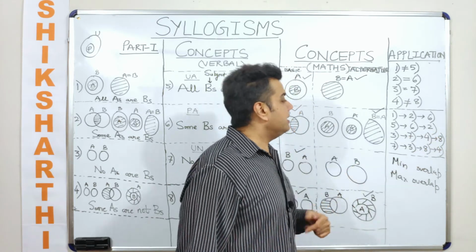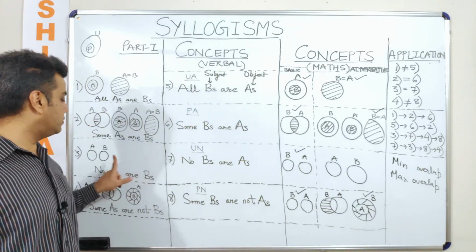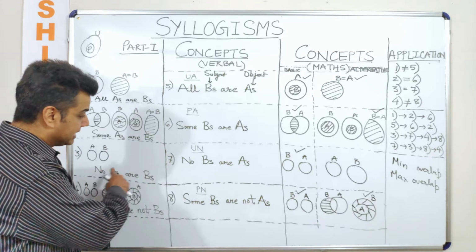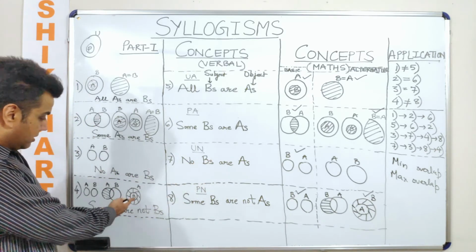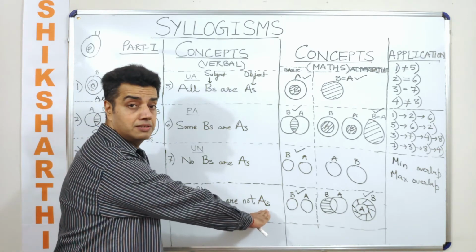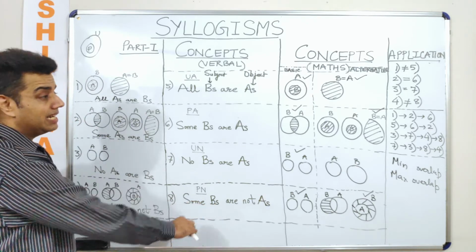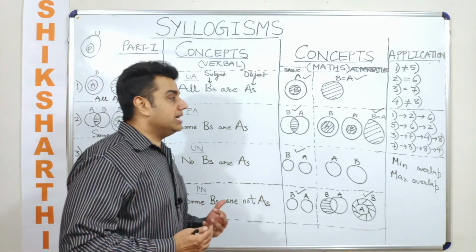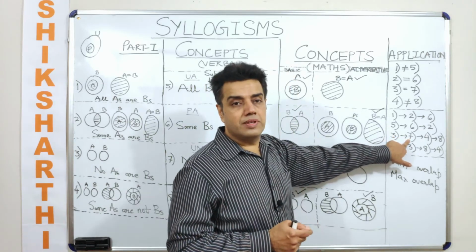Right? Similarly, the third part, no A's are B's. When I say no A's are B's, it is just like saying no B's are A's. At the same time I can say some A's are not B's. And I can say some B's are not A's. I'll repeat. No A's are B's is just like saying no B's are A's.